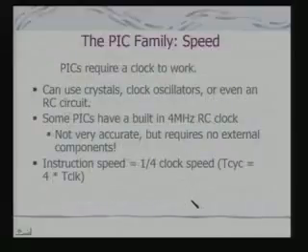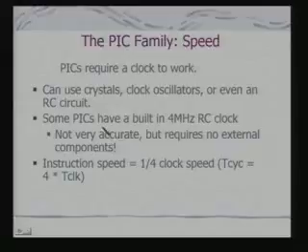Now obviously I have a clock generator block, and you know that all processors require clocks to work with. So PICs also require a clock, and typically it uses crystals, clock oscillators, or even an RC circuit. And instruction speed is typically 1/4 of the clock speed.